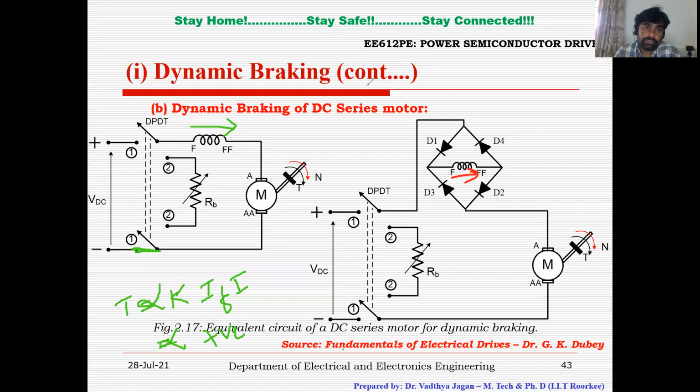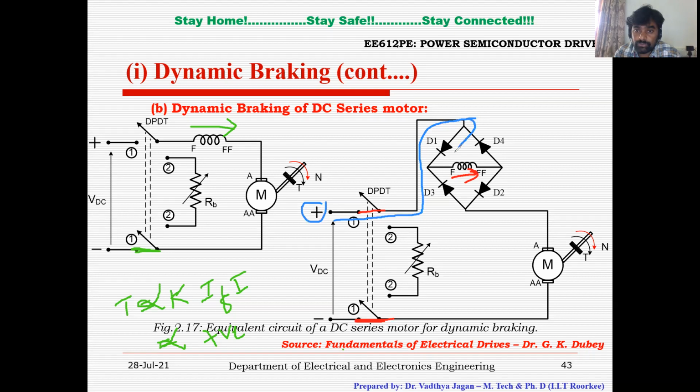So let us go for the first quadrant. In first quadrant, you can see the armature terminal is connected to position number one. So what is happening? Current always leaves from the positive terminal. Now, the current will take the path through diode D1, because diodes are unidirectional devices and they allow the current from anode to cathode.